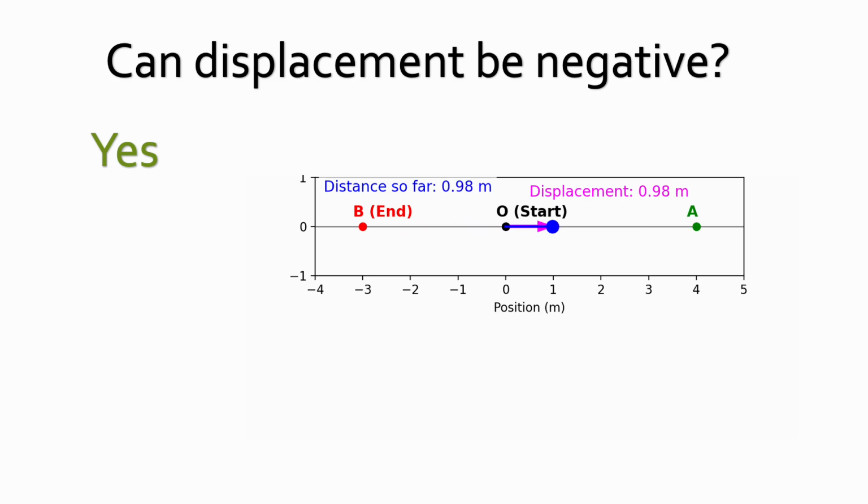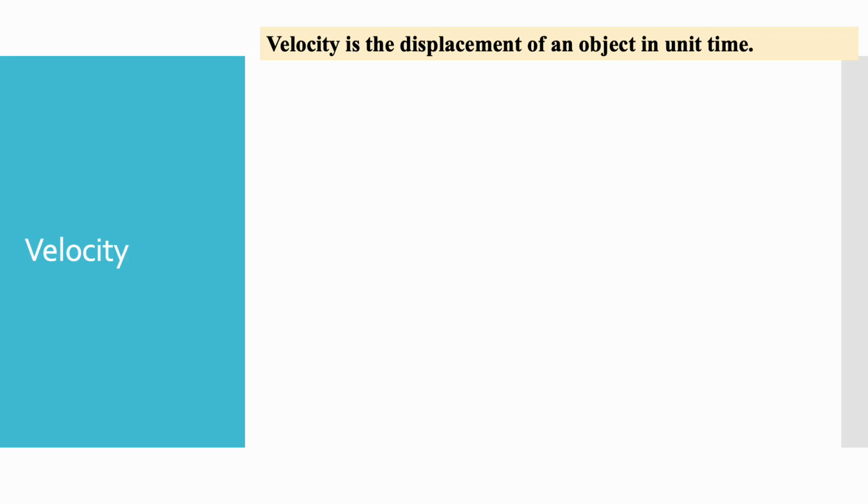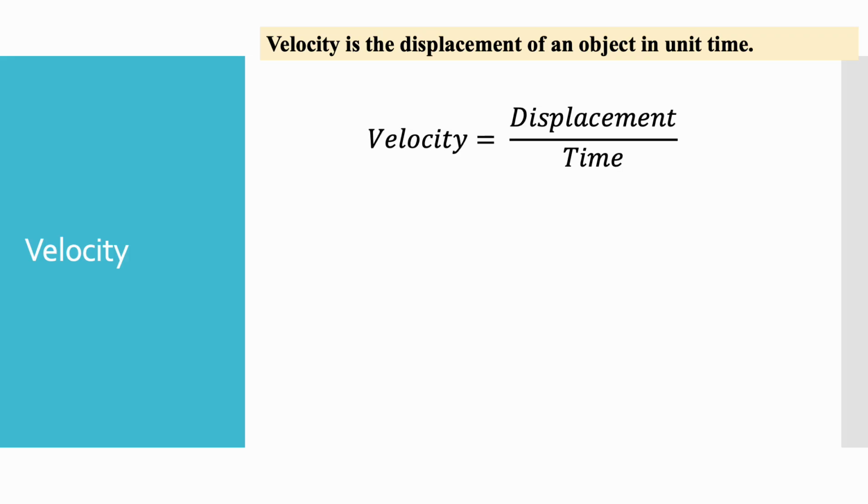So we are taking the path towards the right as positive and the path towards the left of 0 as negative. So displacement can be negative, but distance is always positive. Velocity is the displacement of an object in unit time. Velocity is equal to displacement divided by time.